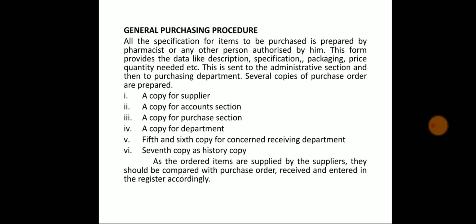Number 6, seventh copy as history copy. As the ordered items are supplied by the suppliers, they should be compared with purchase order received and entered in the register accordingly.